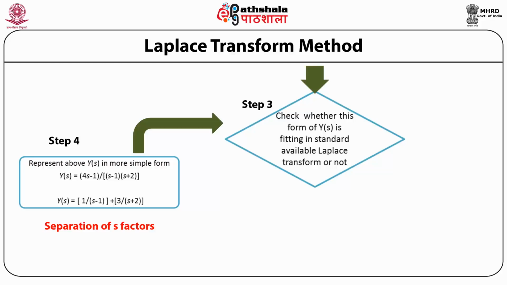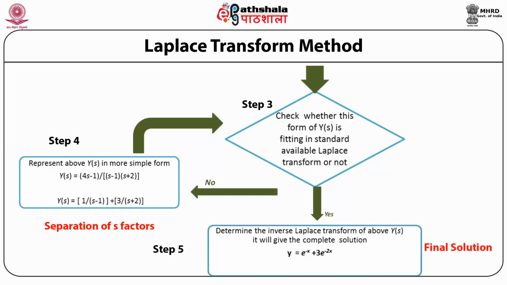So anything 1 divided by s minus any number, the inverse solution is e power that particular value times x. Here it's s minus of minus 2, so it's going to be 3 times e power minus 2x. So the complete solution is the sum of the individual solutions.